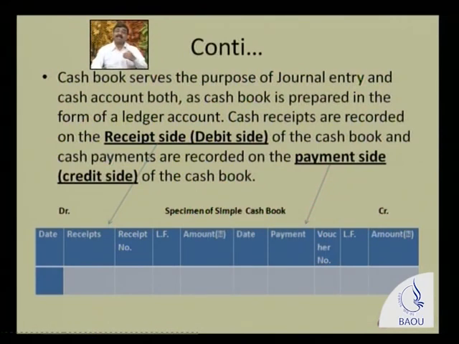But if any expenditures are incurred and any payments made during the period, they would be recorded on the right hand side, that is the credit side. So we need to identify the transactions regarding cash. If it is a receipt, it is recorded on the debit side of the cash book, and if it is a payment, it is recorded on the credit side of the cash book.